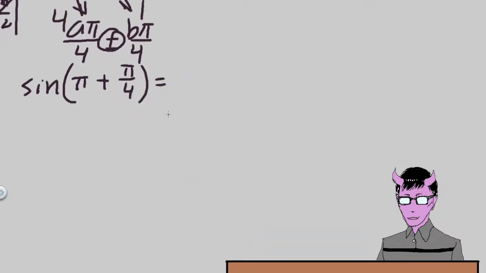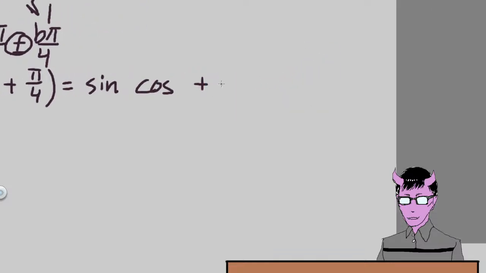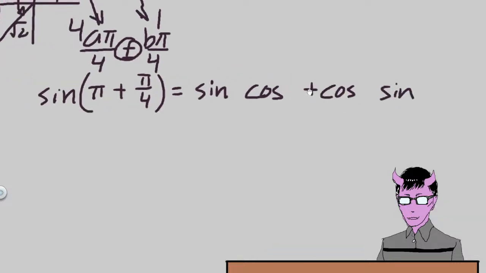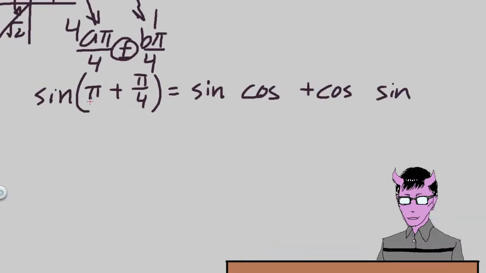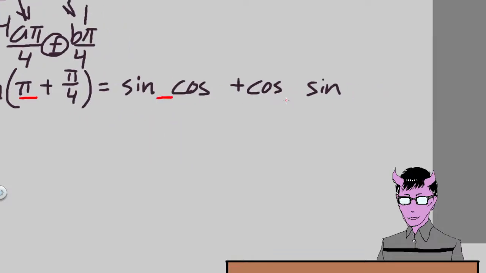And then of course using the sine expansion, it's sine, so we keep the same sign but don't keep the two trig functions together, so it's going to be sine, cosine, cosine, sine. We have term number 1 and term number 2.